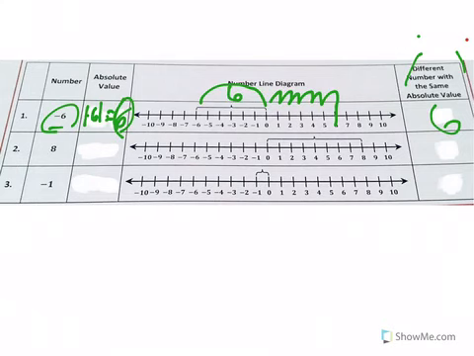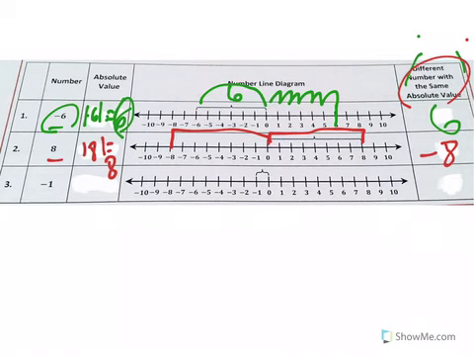All right, next number is 8. Absolute value of 8 is 8, because to go from 8 to 0, you're jumping 8 spots, right? Different number with the same absolute value. Well, if you're going 8 away from 0 and you're going the other direction, because you can't go the same direction you came from because you'd end up at the same original number, the other number that has the same absolute value as 8 is negative 8.